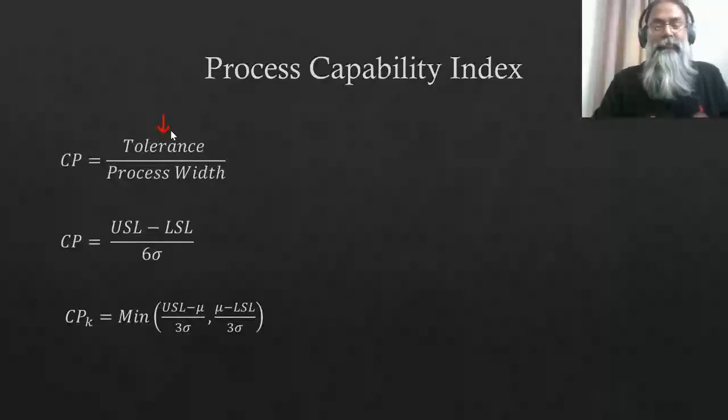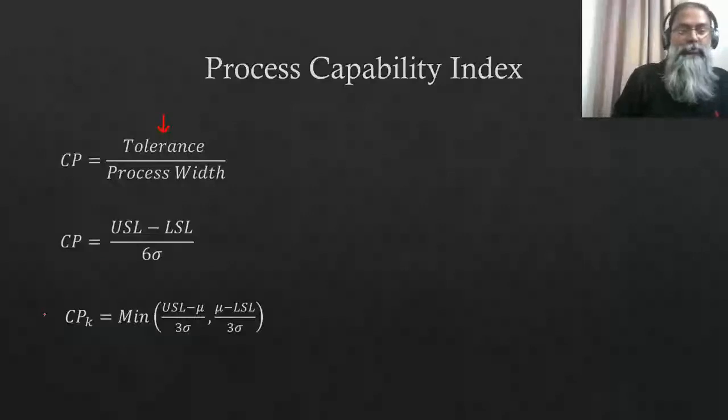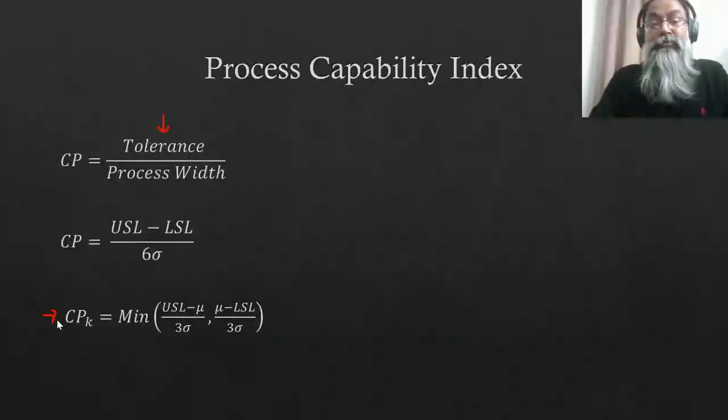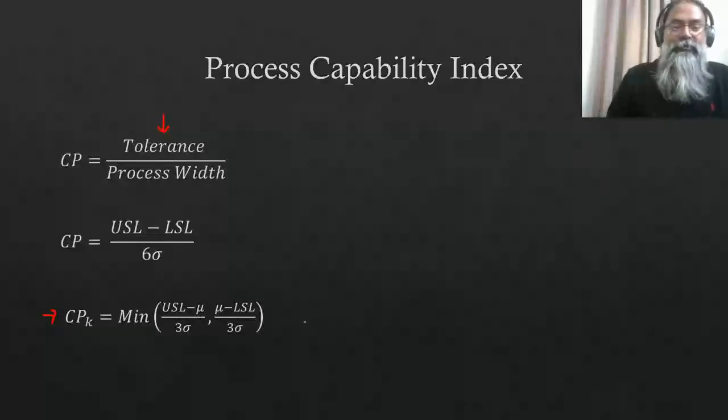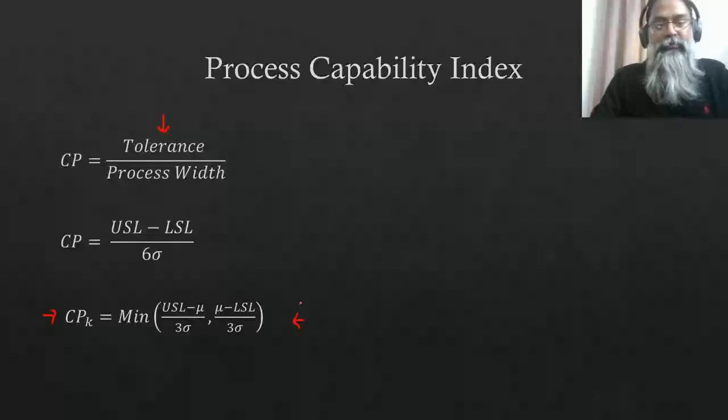So for that, we will use this equation, CPK, which will let us know whether the process is within customer specification limit. This is more important than just a basic CP. CP is just telling me whether the process is capable, whereas CPK is telling us whether the process is within customer specification limit.